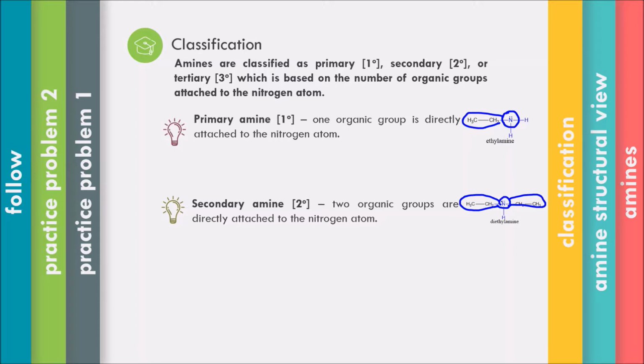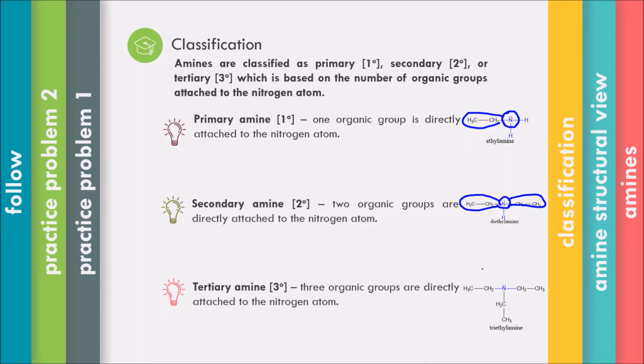That's what makes this specific molecule a secondary amine. Finally, this nitrogen has three carbon chains. So we've got one here. This would be primary if it were alone, but also we've got a second over here, and there is a third one over there. And let's talk about naming.